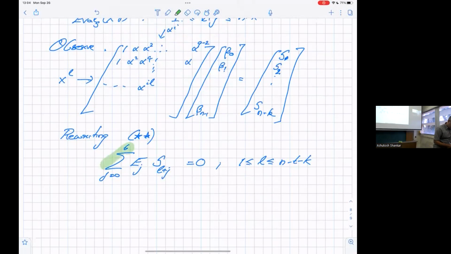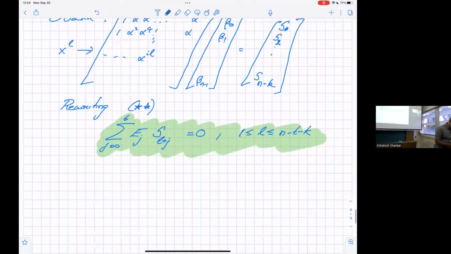The Peterson algorithm: step 1, compute the syndrome S1, S2, ..., S_{n-k}.